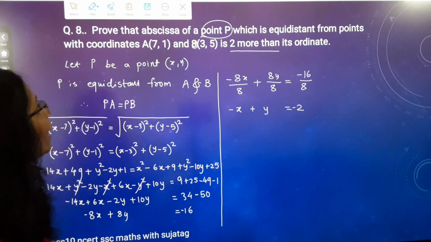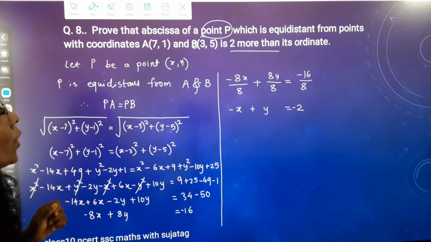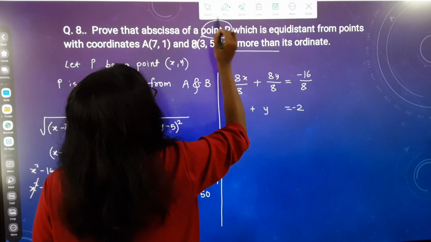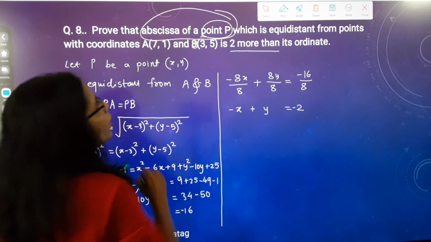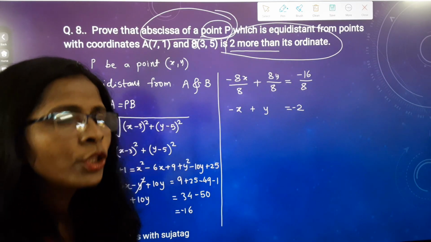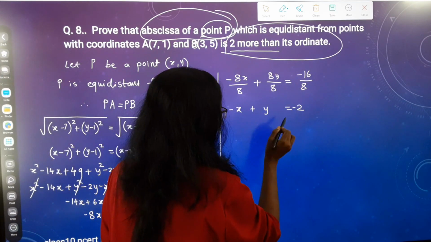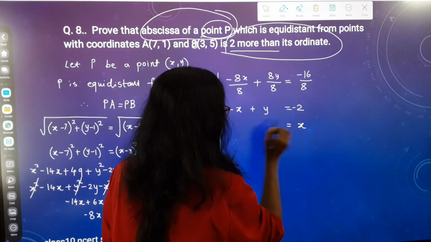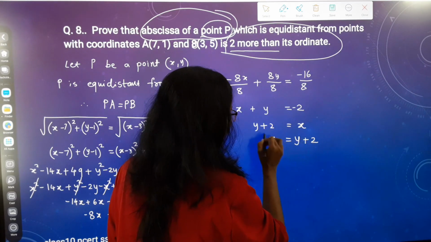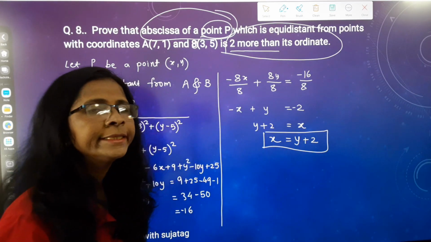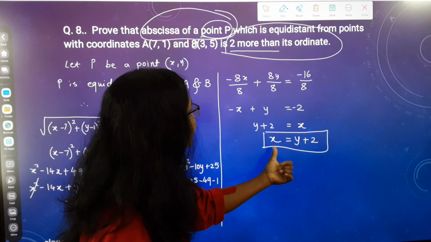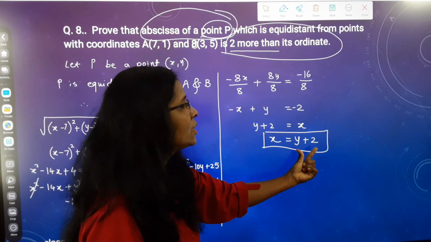Now we have to show that the abscissa of a point P is more than its ordinate. So we arrange the terms: x is equal to y plus 2. Yes, we got it. The abscissa is 2 more than its ordinate.